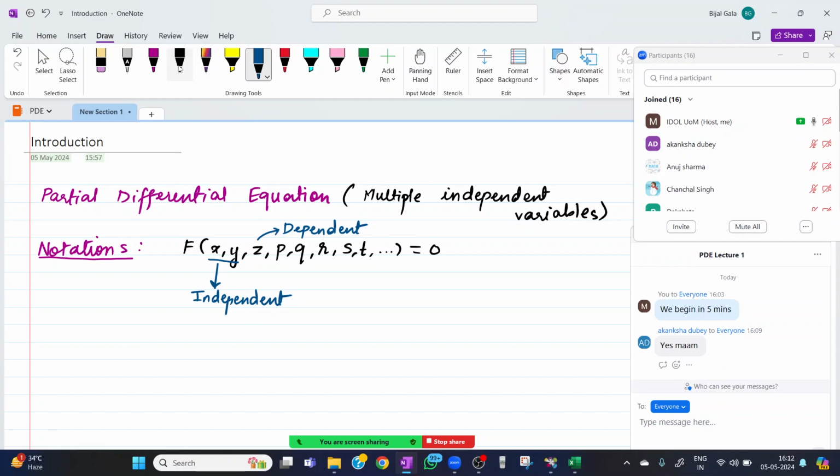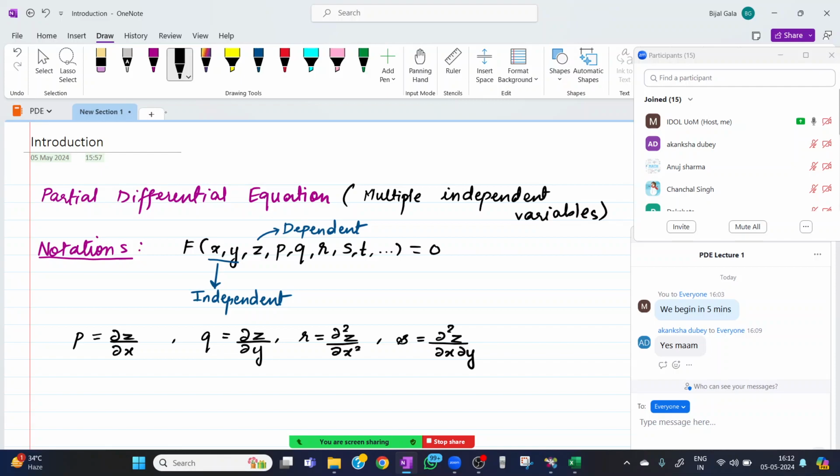Okay. When we talk about small p, it's the partial derivative of the dependent variable with respect to x. Small q would be the partial derivative of the dependent variable with respect to y. Small r would be the double derivative of the dependent variable with respect to x. s would be the double derivative with respect to x first and y then, or it could be y first and x then.